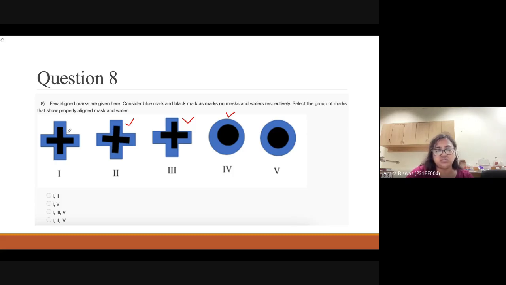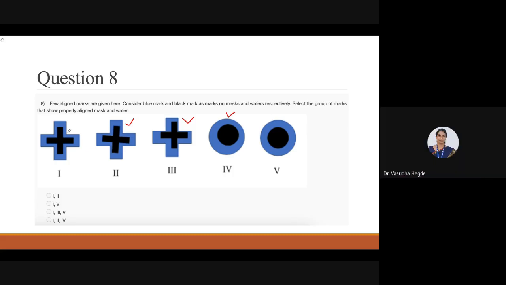It's for the convenience of alignment, because while aligning, if both are of the same dimension, visibility issues may be there. So it's better to have different sizes but of the same pattern.